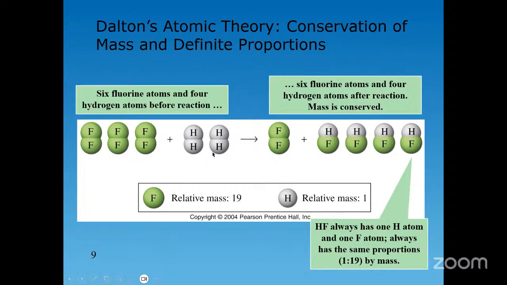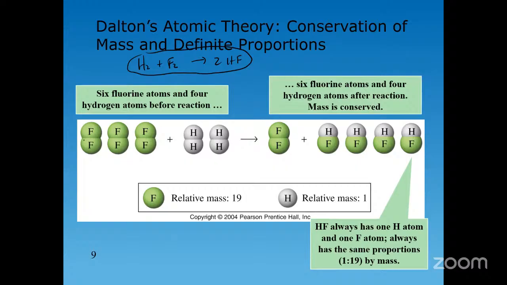We have 2 molecules of hydrogen here, we have 2 molecules of fluorine here, and the reaction that we're looking at is a reaction where hydrogen will react with fluorine to form 2 molecules of hydrogen fluoride, right? So this is the equation for the reaction right here. And basically what this equation is telling you is that one molecule of hydrogen will react with one molecule of fluorine to form two molecules of hydrogen fluoride.